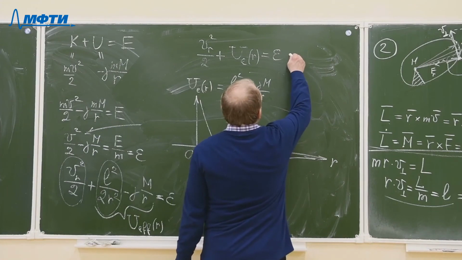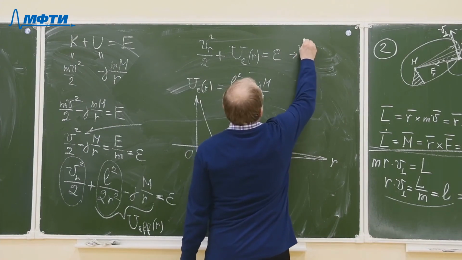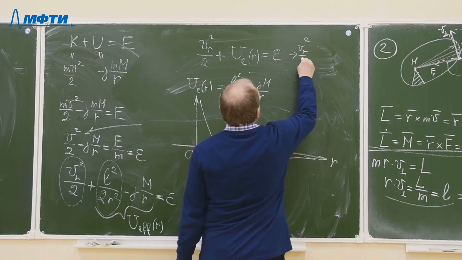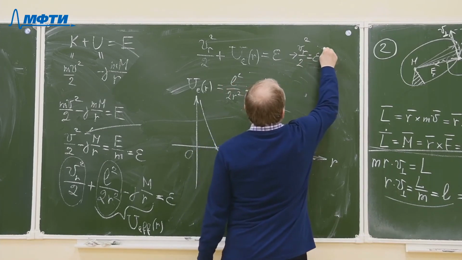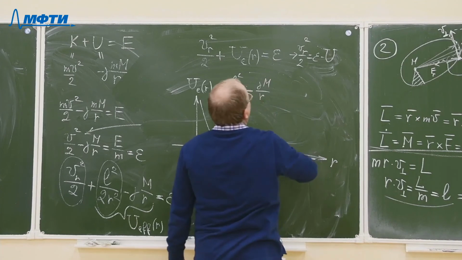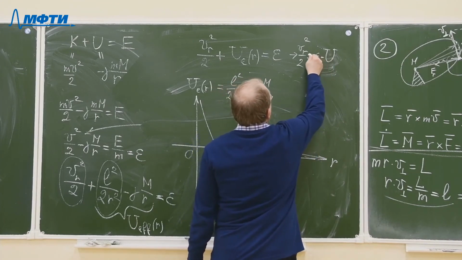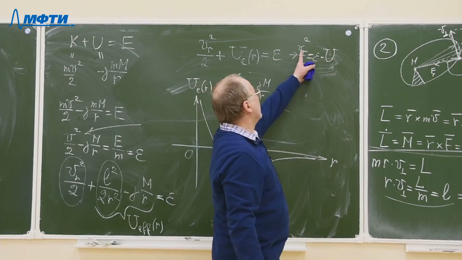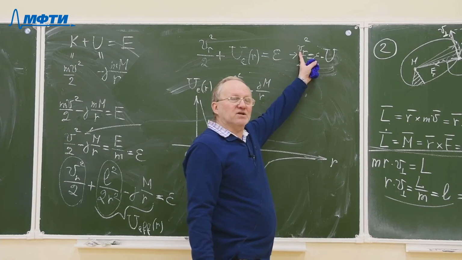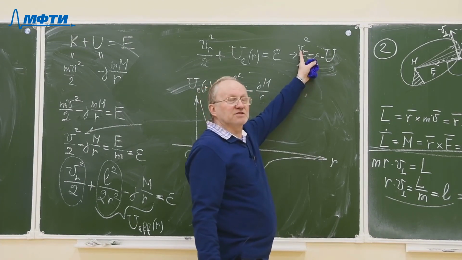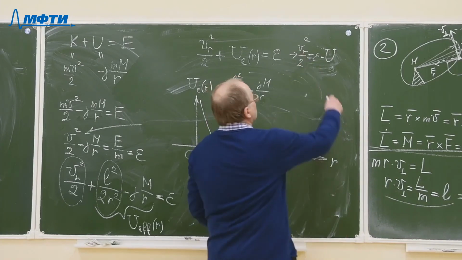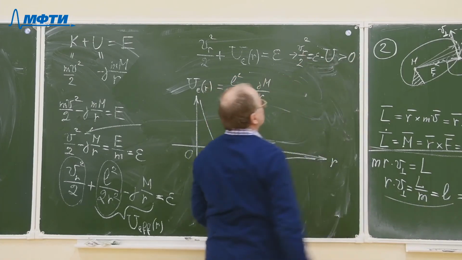And from here, we obtain that the velocity squared, the radial component of velocity over 2, equals epsilon minus u. Note that any quantity squared is always positive. Whatever velocity you take, velocity squared is always positive. So this expression should always be positive.